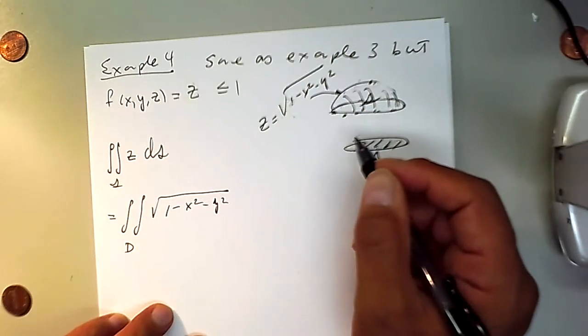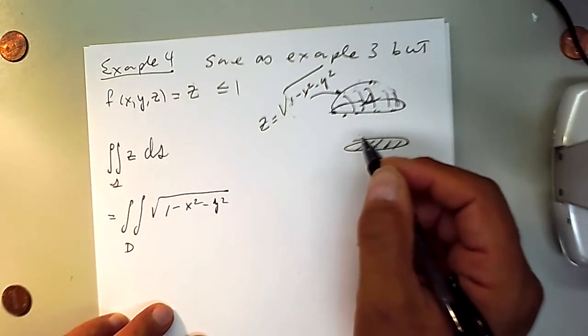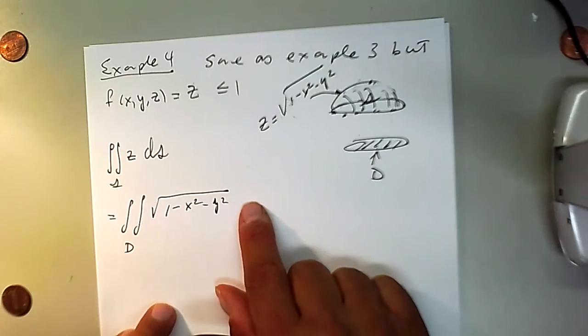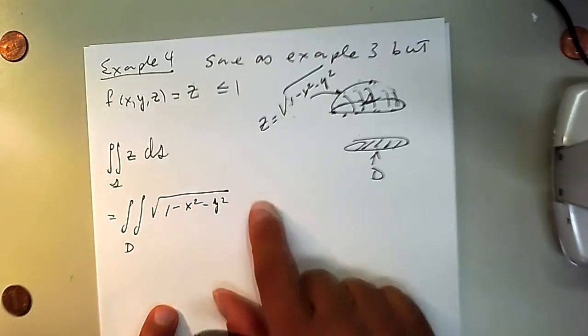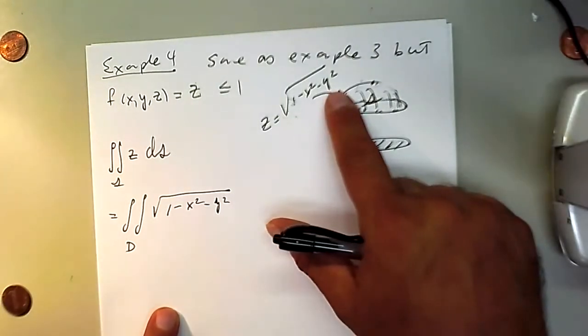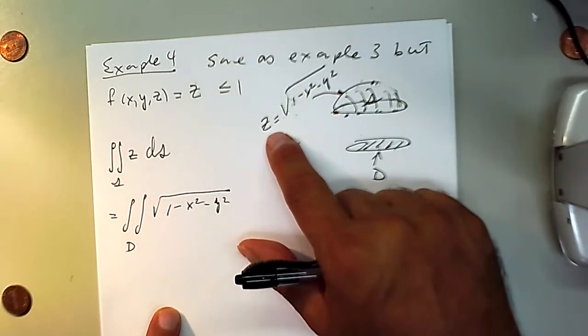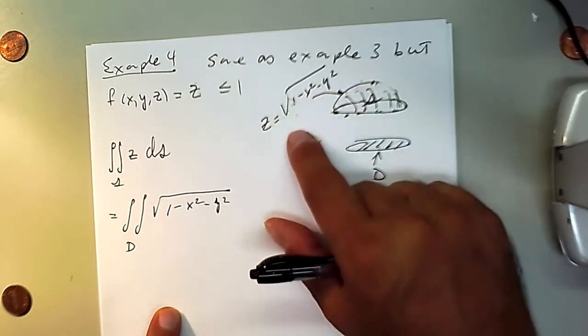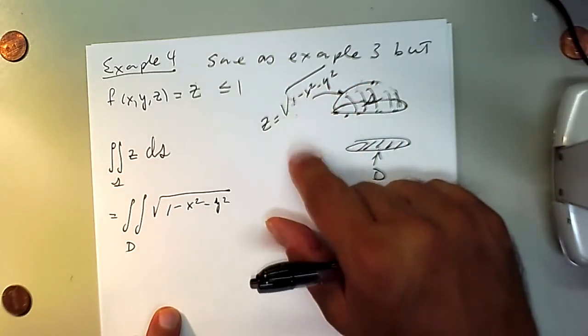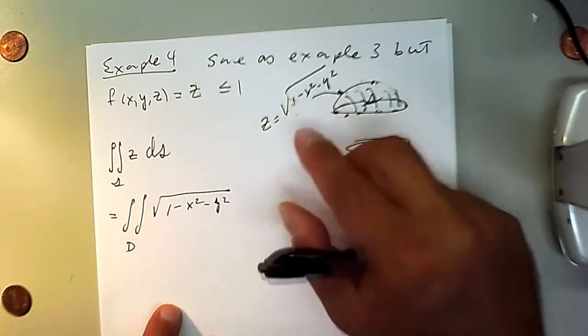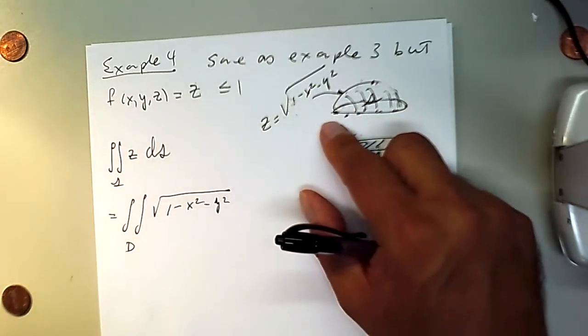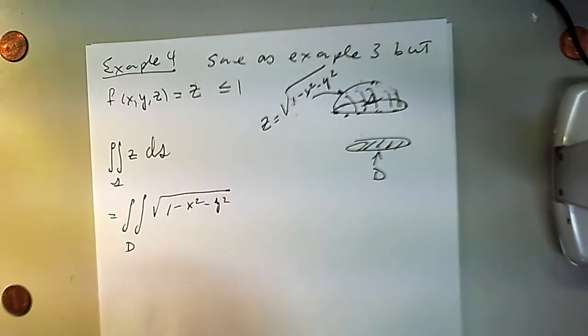Trivial parameterization. So now we would have to do the square root of the partial of this with respect to x, quantity squared, plus the partial of this with respect to y, quantity squared, add 1 to that, and simplify it. But we did this in example 3.